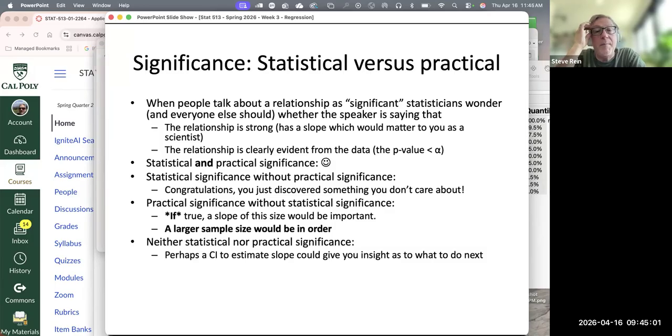So tell me about the slope. Is a confidence interval for the slope entirely at a range where you think that matters to me? That is something I didn't expect to see. That is surprising to me as a scientist. That is revealing something of note to me. So practical and statistical significance, different things.